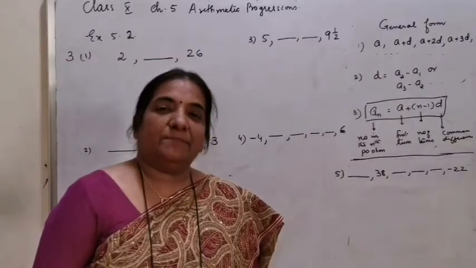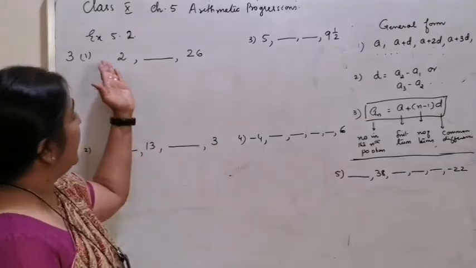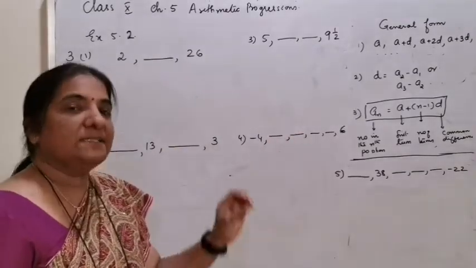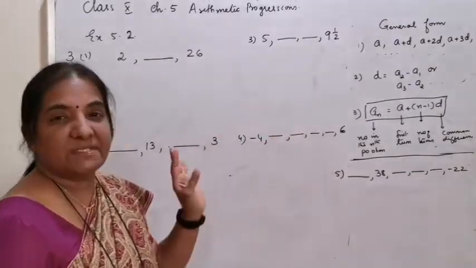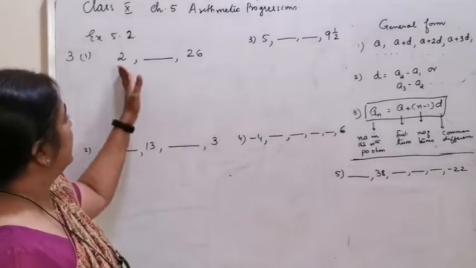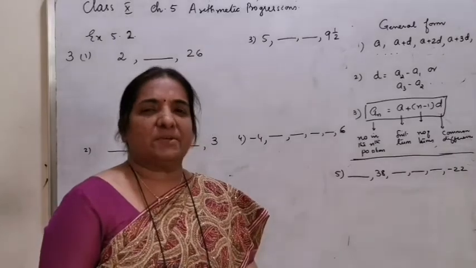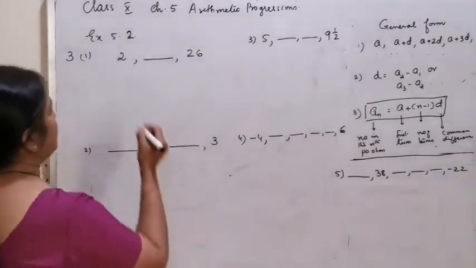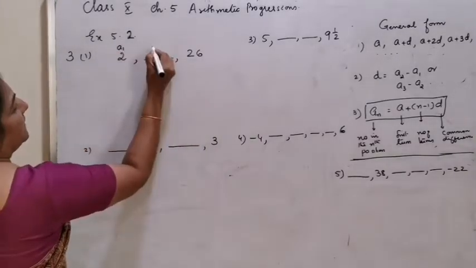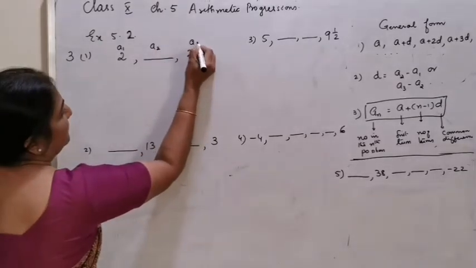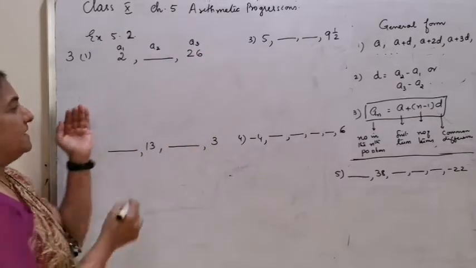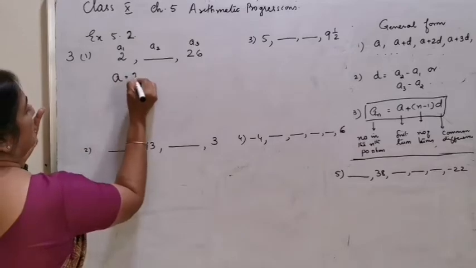Section number 3. The question is, in the following APs, find the missing terms. It is already said that the given sequences here are all APs. So whenever you get a question like this, mark as a1, a2 and a3. From there, you can understand that a is given.